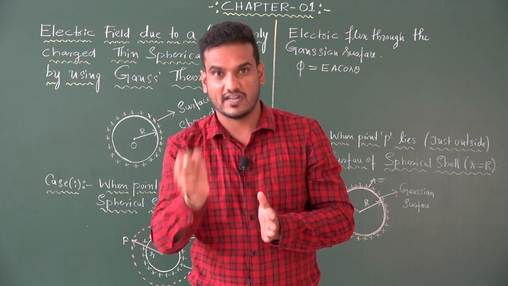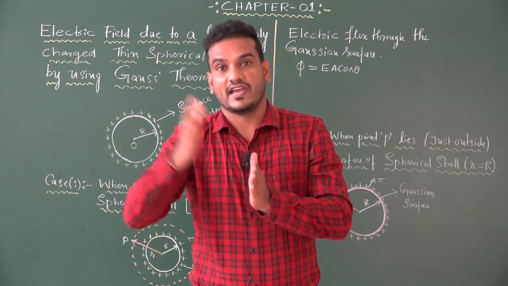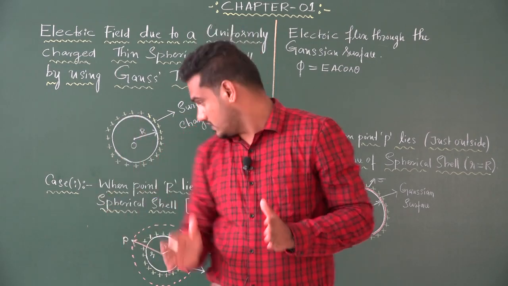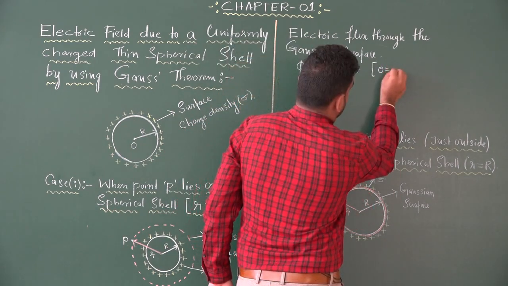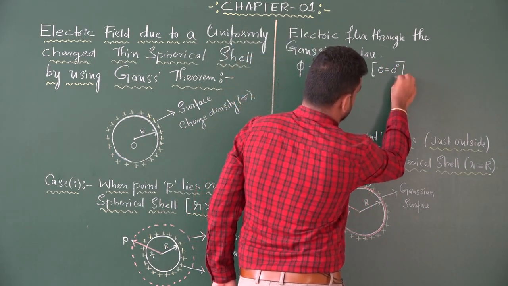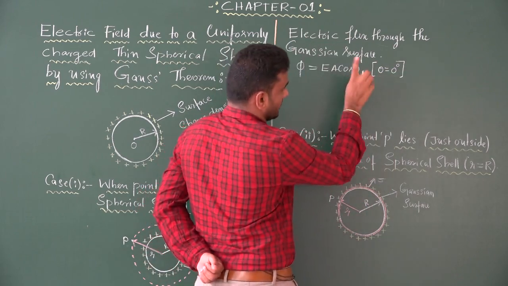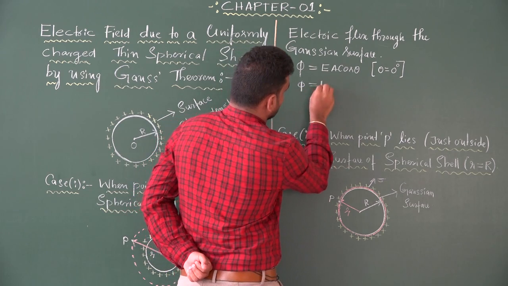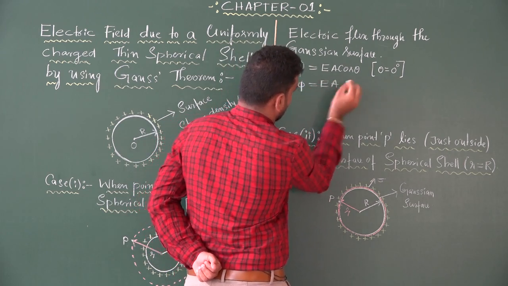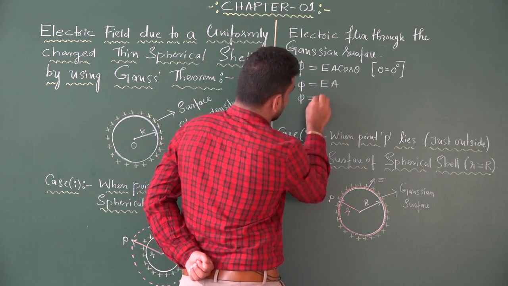The direction of electric field and the direction of area vector are parallel, so theta is equal to 0 degree. So cos 0 degree is 1. So phi is equal to E into A.